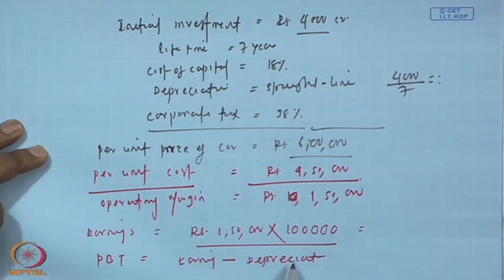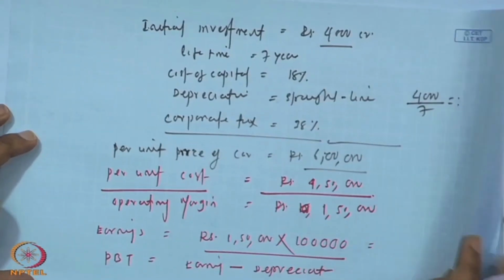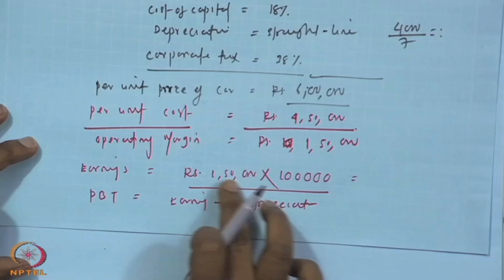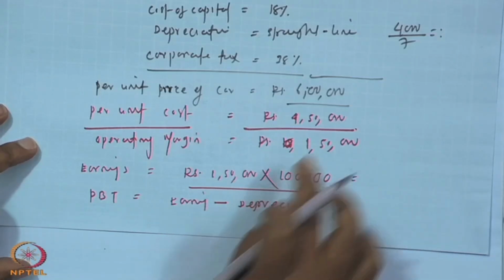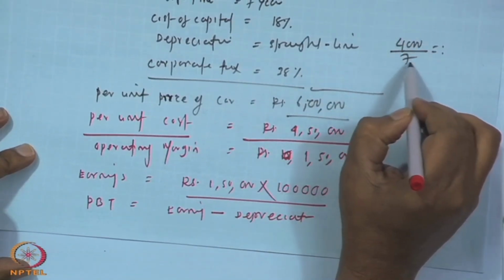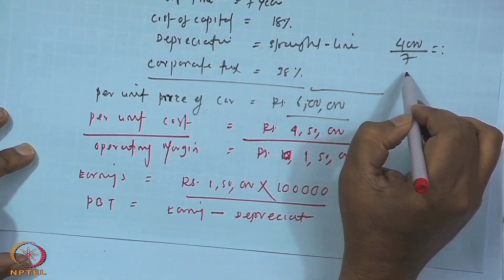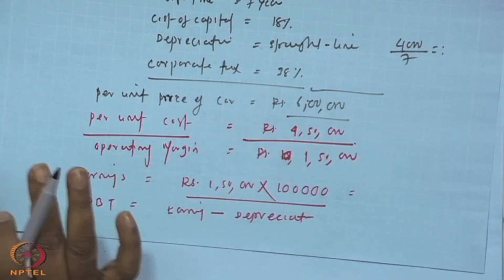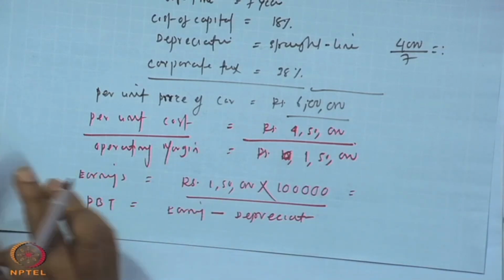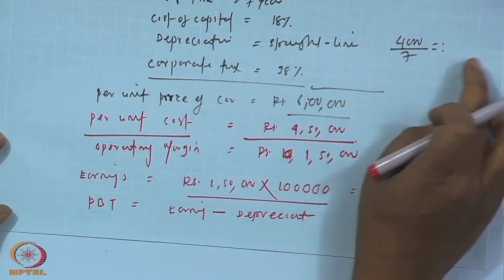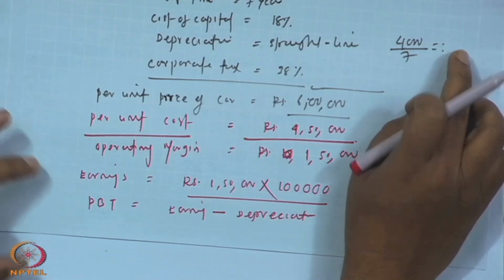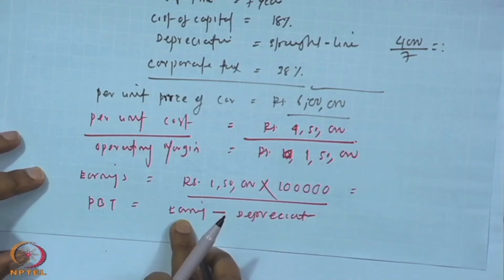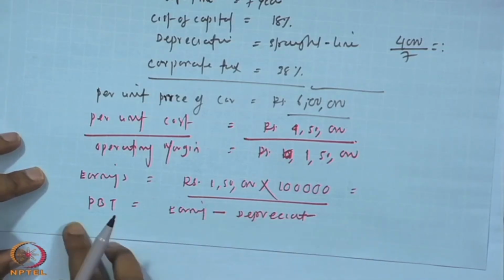The earnings are 1,50,000 into 1 lakh cars. Depreciation is 4,000 crores by 7 years, because in 7 years you have to recover the 4,000 crores as depreciation. Subtracting depreciation from earnings, we get the profit before tax.